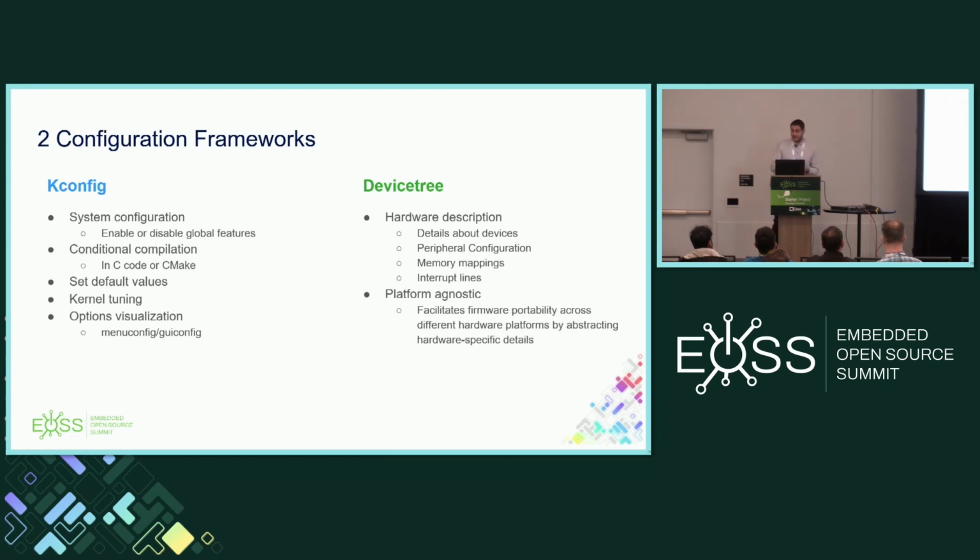It facilitates firmware portability across different hardware platforms by abstracting hardware-specific details. Basically, everything is abstracted here. So this will easily help us to have portable code and a more global system. The main purpose is also to do all the hardware description in just one place, and to make it as portable as possible.